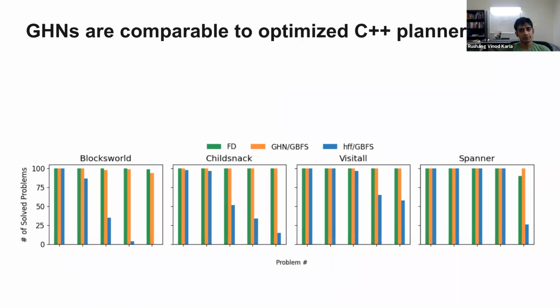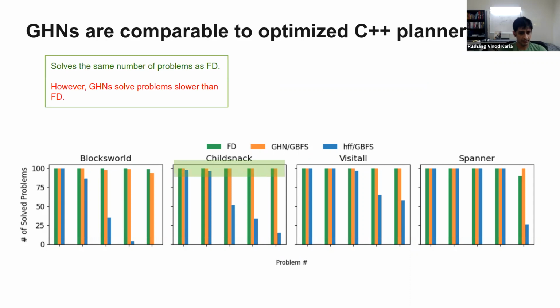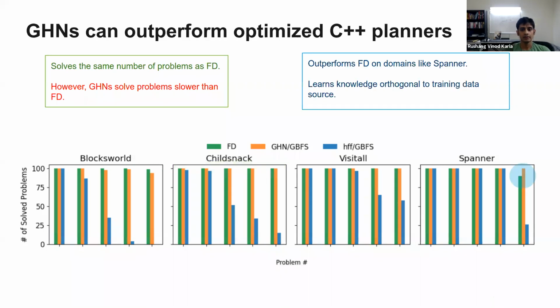To compare with optimized C++ planners, we are competitive. We solve the same number of problems within the given time limit. However, we cannot solve problems faster than the competition planners at the moment. However, this is not to say that we cannot outperform them. Indeed, on some domains like Spanner, we do outperform FD.